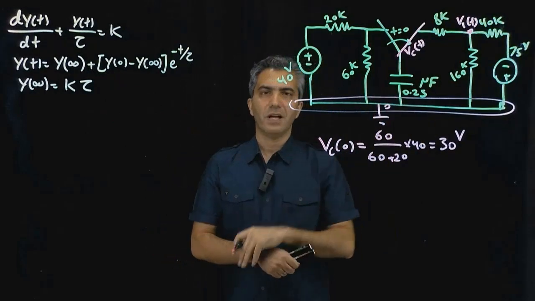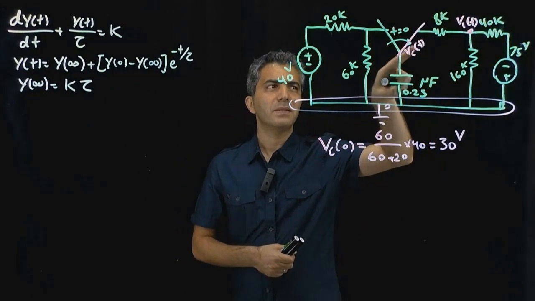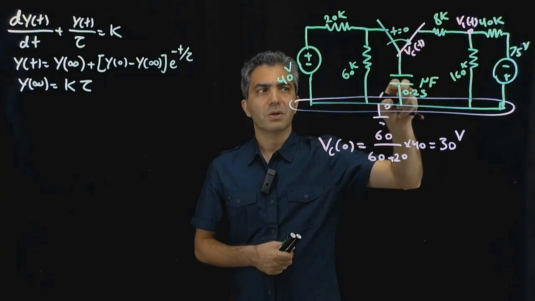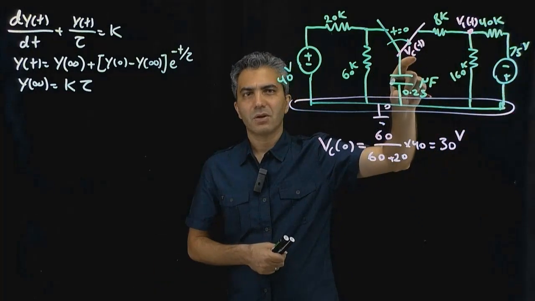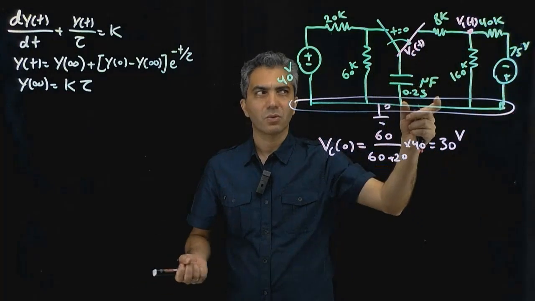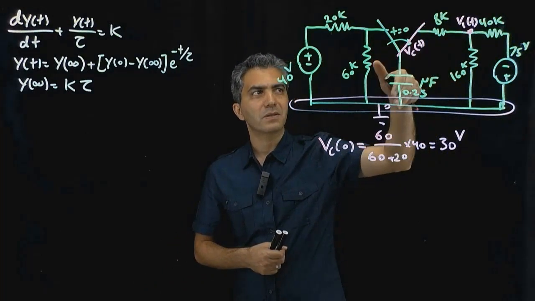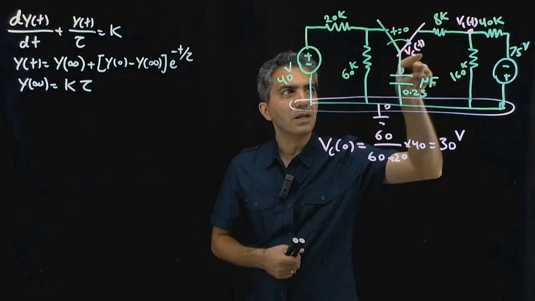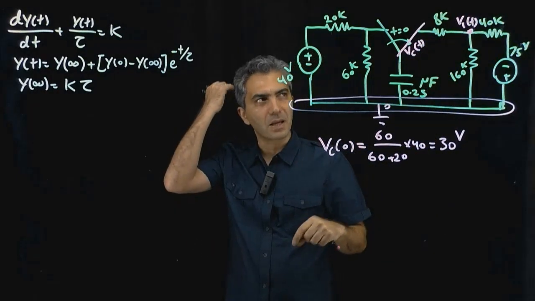Let's do the final value this time. For the final value, VC(infinity), again, you're dealing with the same situation, meaning that you have waited long enough, everything has settled down, the voltage across the capacitor is constant, and therefore there's no current passing. So this part of the circuit is an open circuit, and in other words, there's no current passing here, so VC(t) and V1(t) are the same. Why is that?